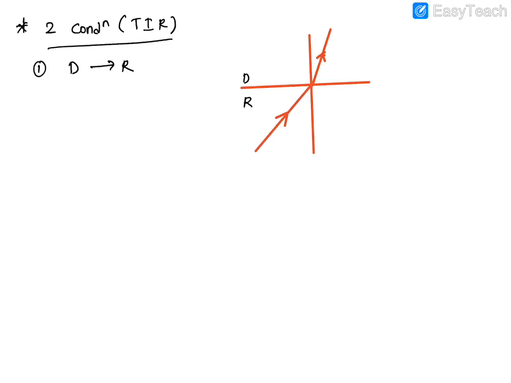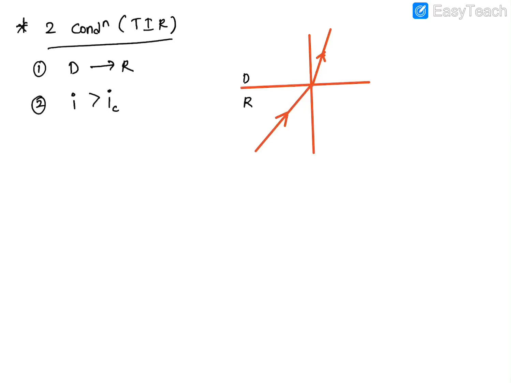Condition number 2 is that your angle of incidence must be greater than the critical angle. If it is not greater than the critical angle, then also TIR will not take place. So if they ask you what the two conditions are, these are the two conditions for TIR.